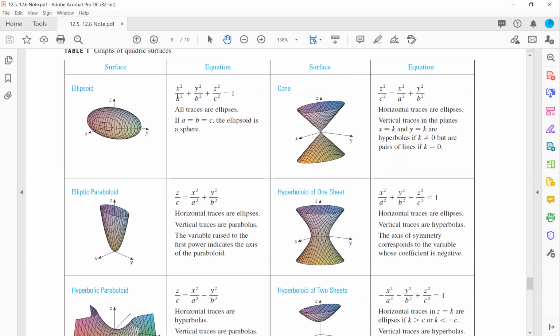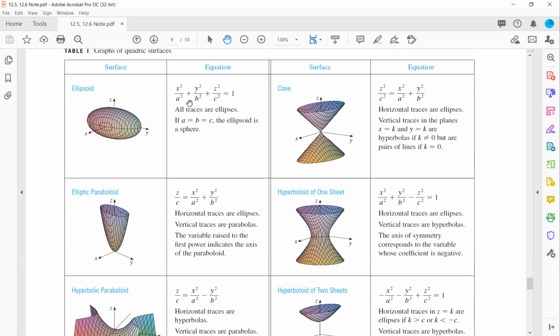The formula for an ellipsoid is x squared over a squared plus y squared over b squared plus z squared over c squared equals 1. Recall that if the denominators are all the same, you get x squared plus y squared plus z squared equals 1, which is a unit sphere.